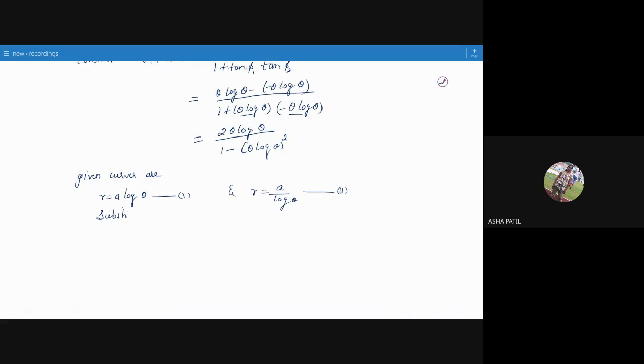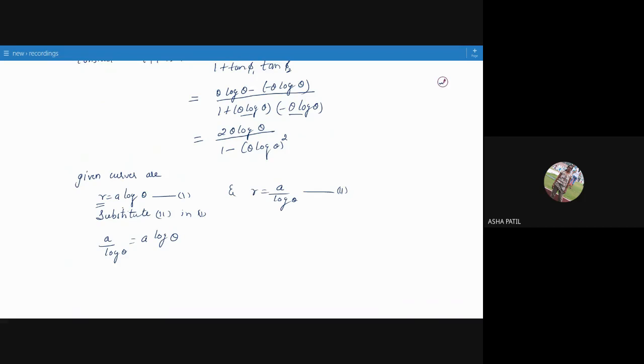Now what we do is substitute one in the other. So substitute equation 2 in equation 1. That makes a divided by log theta equal to a log theta.